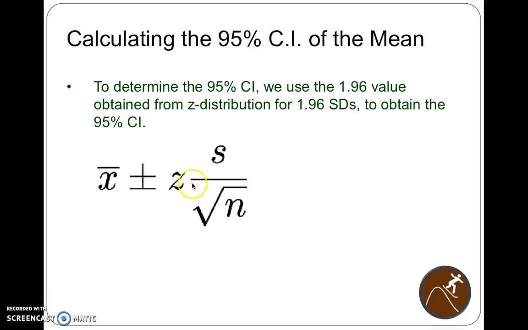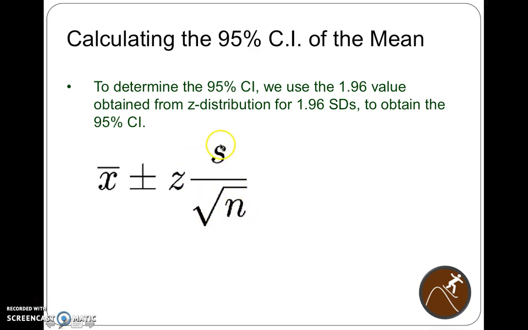practical application of it is where you'll get more clarity. So in order to determine the 95% confidence interval of the mean, you could use this and do it by hand. So we use 1.96, so we say that the mean is plus or minus 1.96 the standard deviation over square root of n.